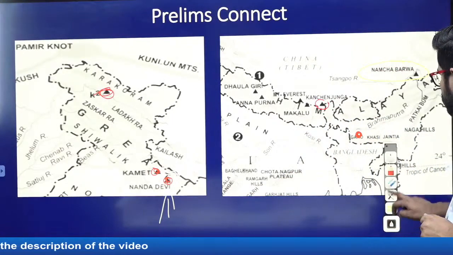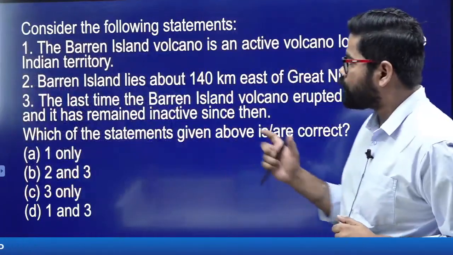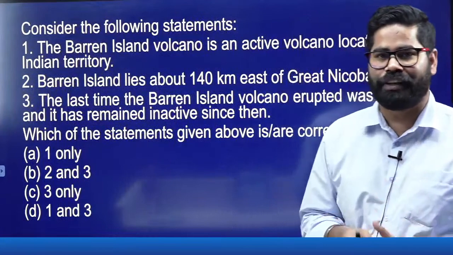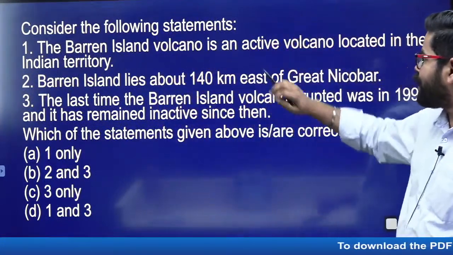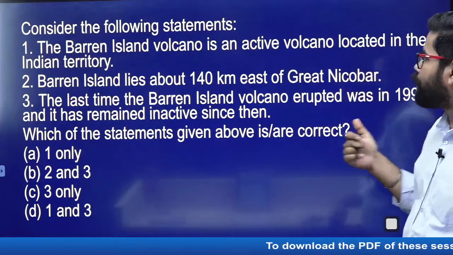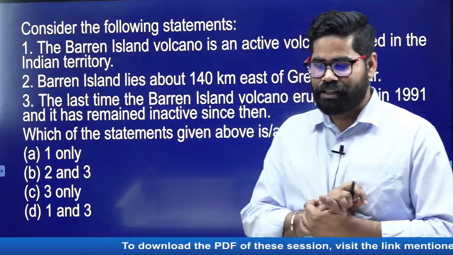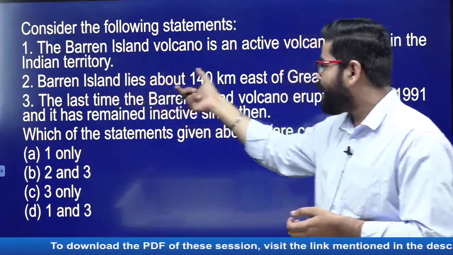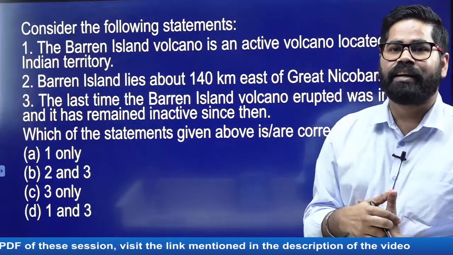Now look at this portion. This question is again from physiography, on the islands of the country. It says the Barren Island volcano is an active volcano located in Indian territory. That is the first option. Second, Barren Island lies about 140 km east of Great Nicobar.